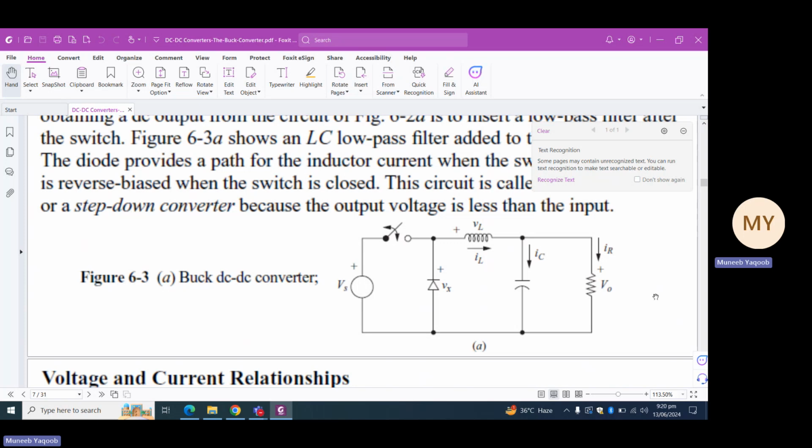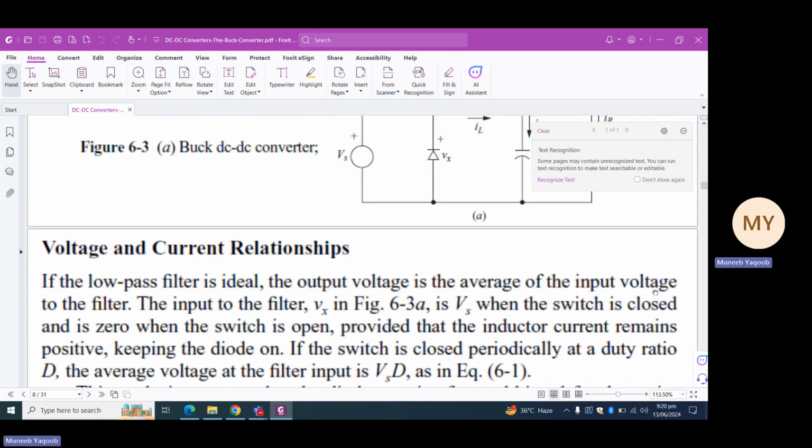What happens is that when the switch is closed, you can imagine that the diode is reverse biased, so it will react as an open circuit, while the current will pass through the inductor and the AC component will be passing through the capacitor, while the DC component of the current will pass through the resistor where voltage V out is mentioned.